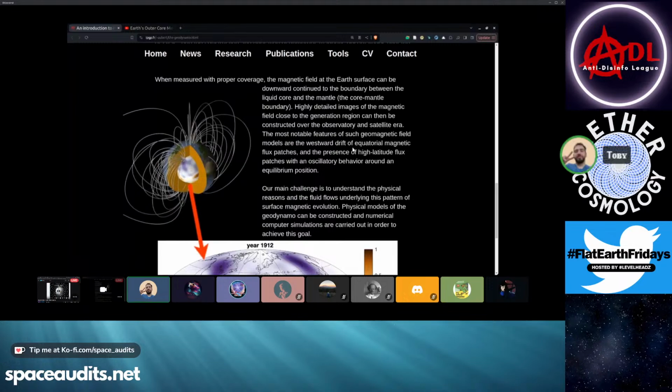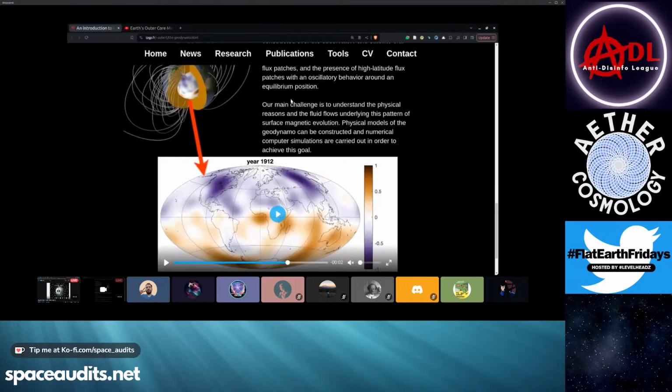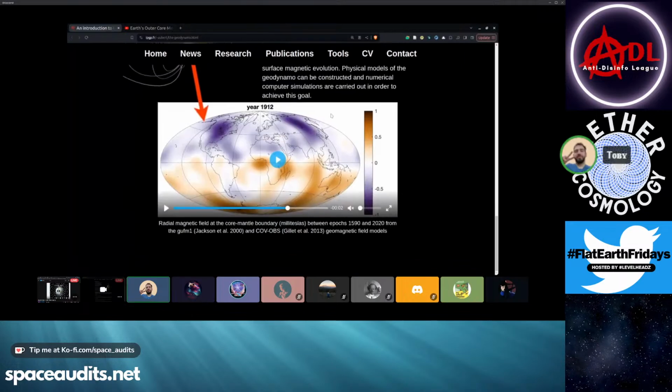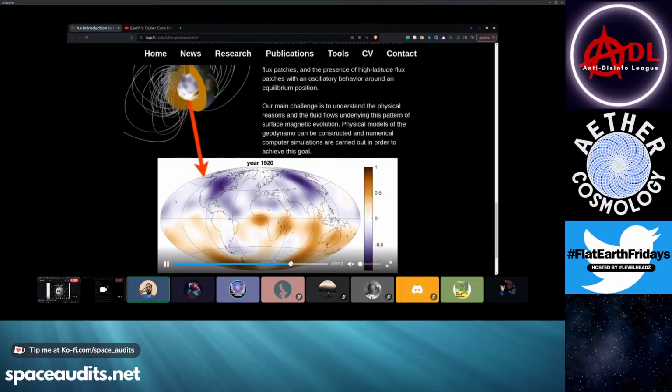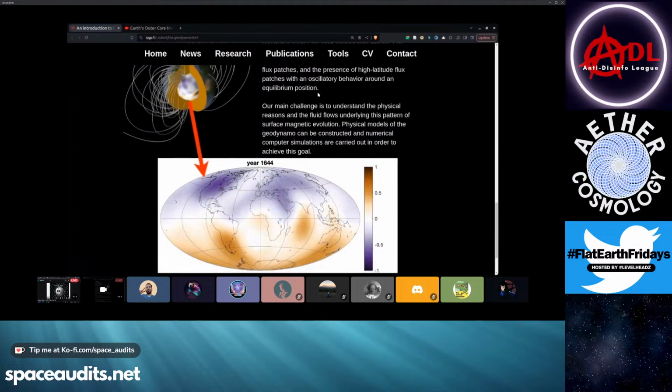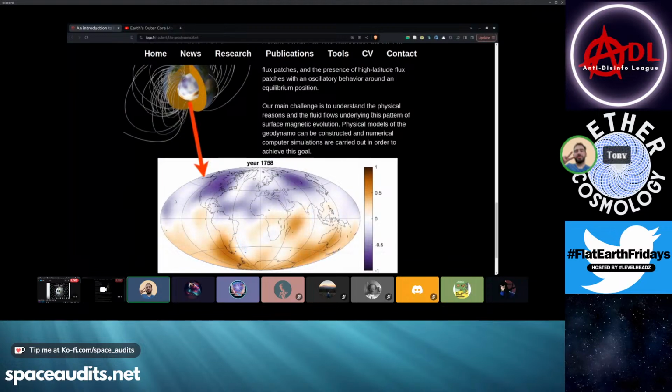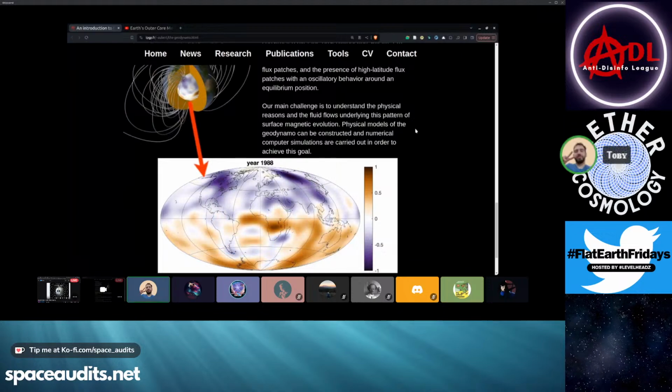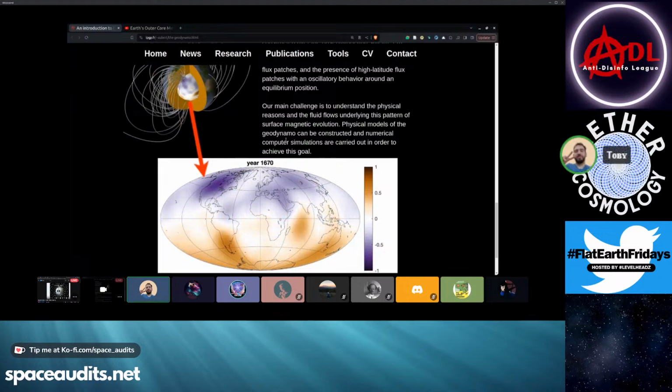The most notable features of such geomagnetic field models are the westward drift of the equatorial magnetic flux patches and the presence of high altitude flux patches with an oscillatory behavior around an equilibrium position. Our main challenge is to understand the physical reasons and the fluid flows underlying this pattern of surface magnetic evolution. Physical models of the geodynamo can be constructed, and numerical computer simulations are carried out in order to achieve this goal.